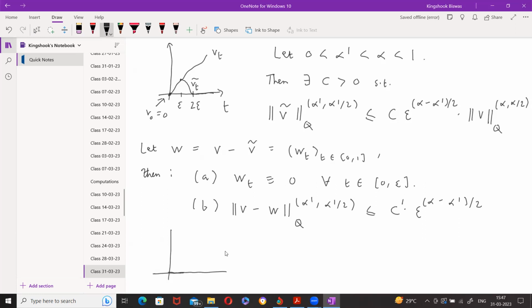It's going to be 0 up to time epsilon, and then, if this is my VT, my WT is going to look like this. This second graph is WT, and this graph is VT. Is this clear?